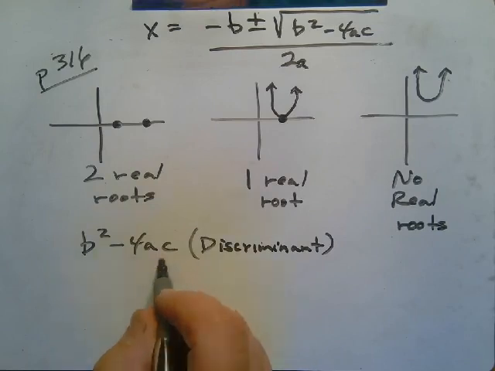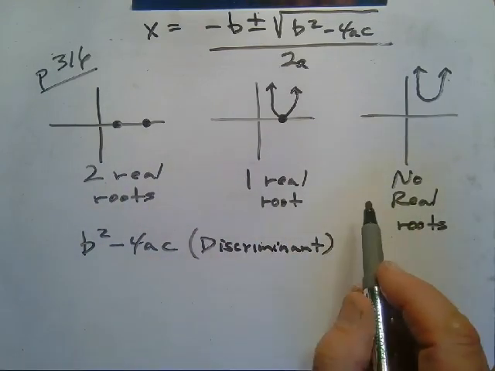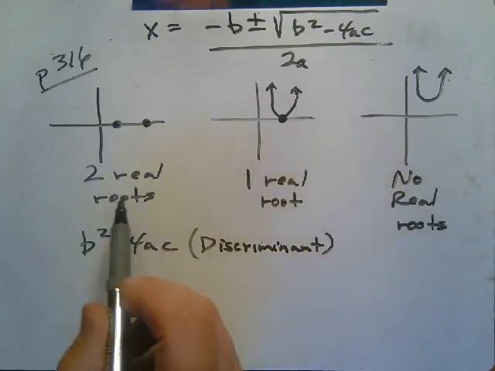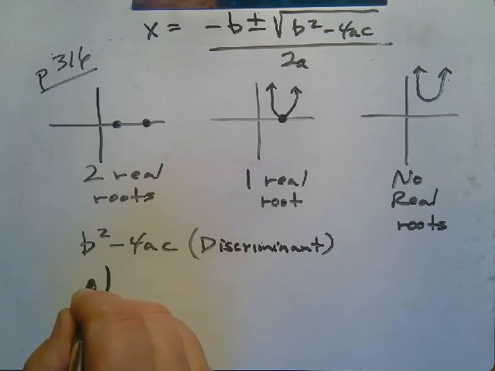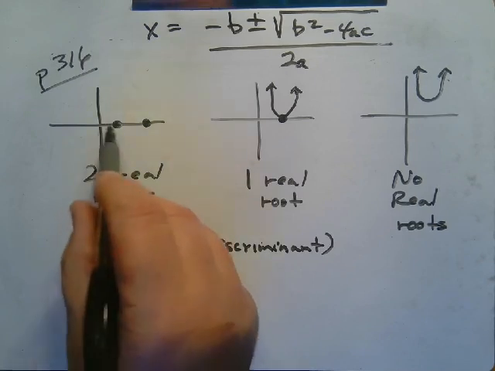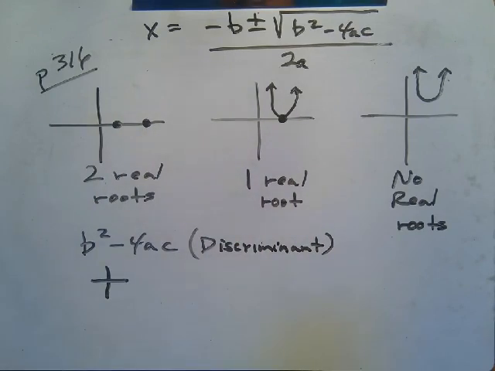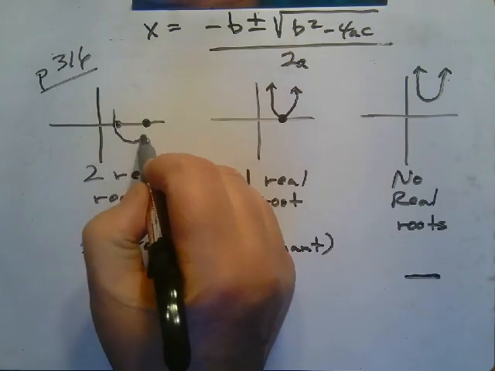b squared minus 4ac. Now, I don't know if you remember, but when we did all of these problems, in the first situation, when the discriminant was positive, when the thing under the radical was positive, we got two roots. When the discriminant was negative, the thing under the radical was negative, we got no real roots. It didn't cross the x-axis.